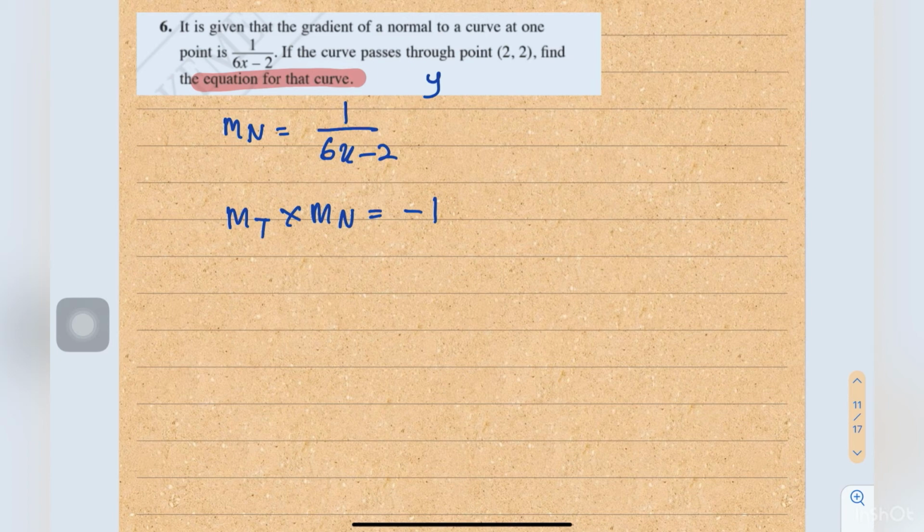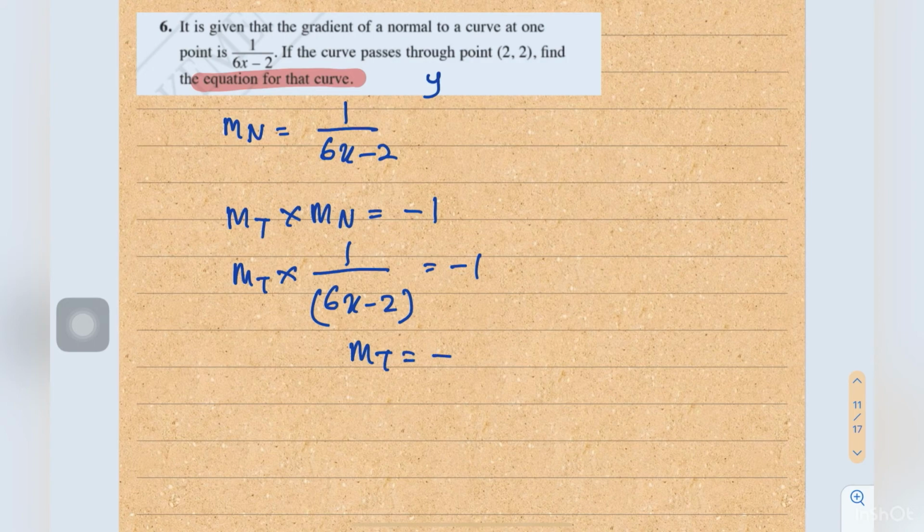So we substitute the gradient of normal, 1 over 6x minus 2. Then we can find the gradient of tangent is -6x plus 2. The gradient of tangent is dy/dx, so dy/dx equals -6x plus 2.